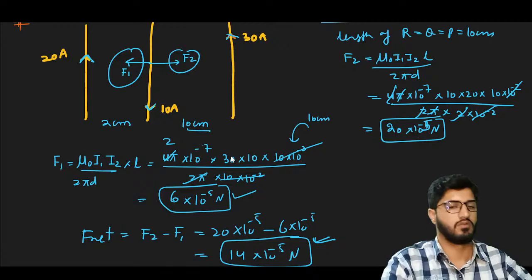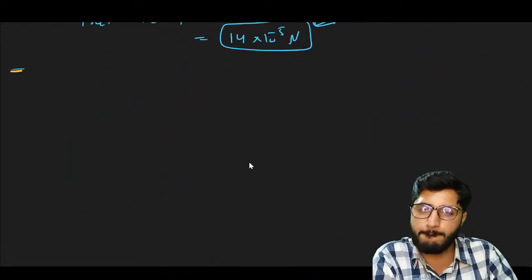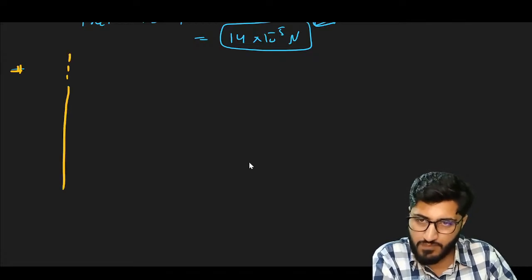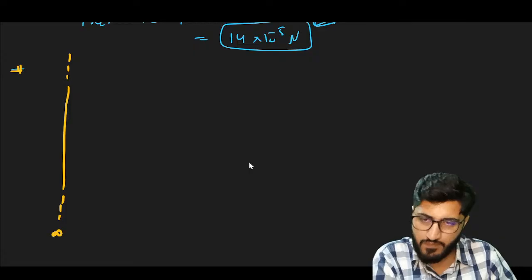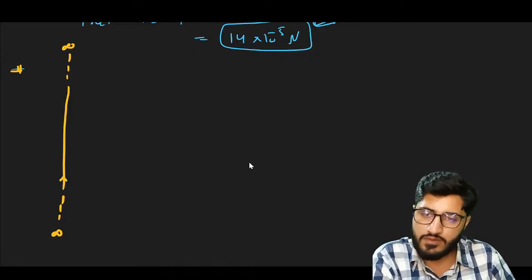Okay. One more numerical. Different one now. Look here. Current I1 is flowing in this one.